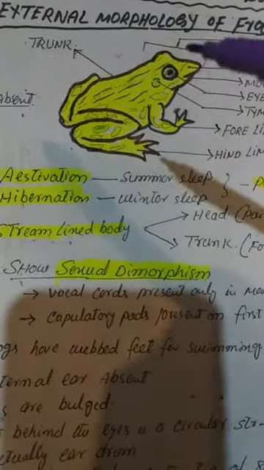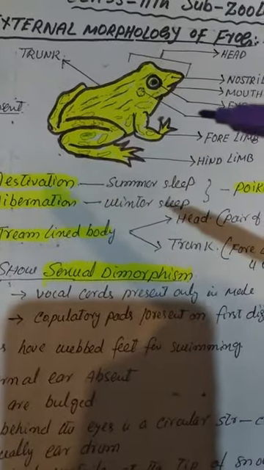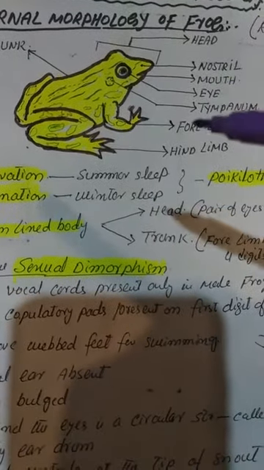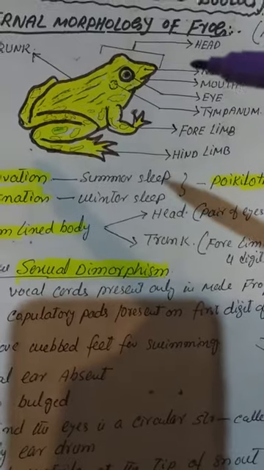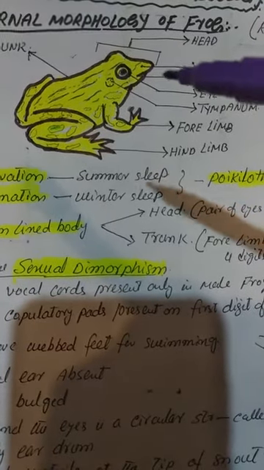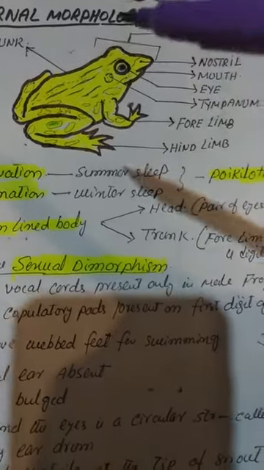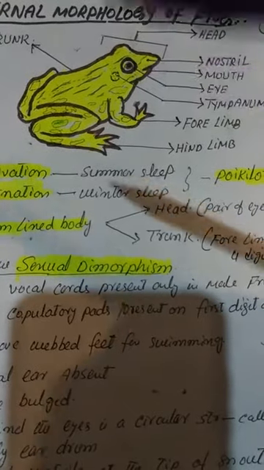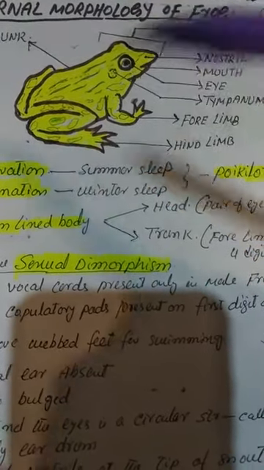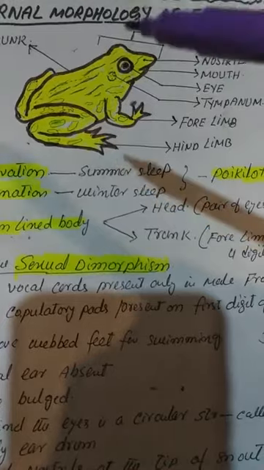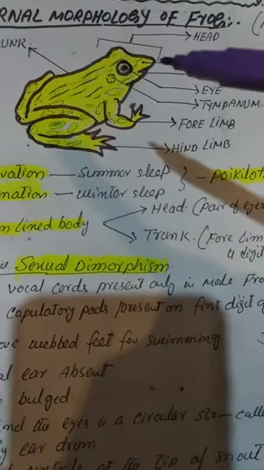So far as frogs are concerned, they are poikilothermic animals, or we commonly say that they are cold-blooded animals. These are those animals whose body temperature varies according to the temperature of the environment.